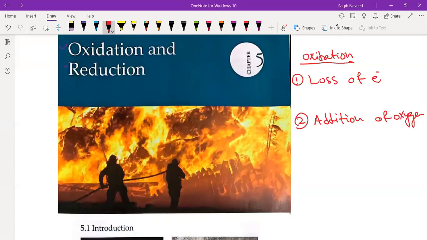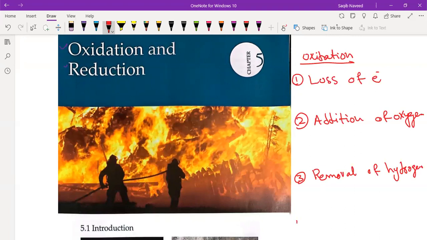And the third definition would be about hydrogen. That will be the reciprocal of the oxygen. You may say removal of hydrogen.